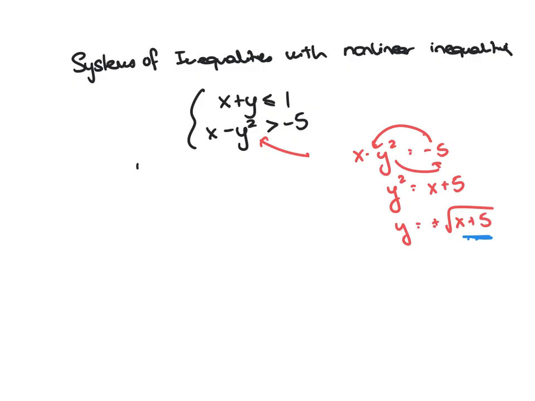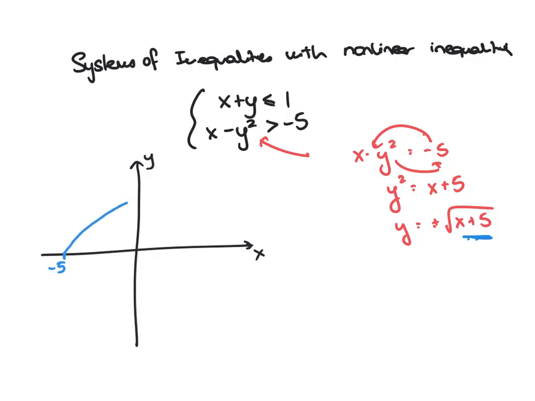So let's sketch this. It looks like a square root, with a point here at minus 5 where it ends. And because this is a y squared situation, we have both the plus and the minus.